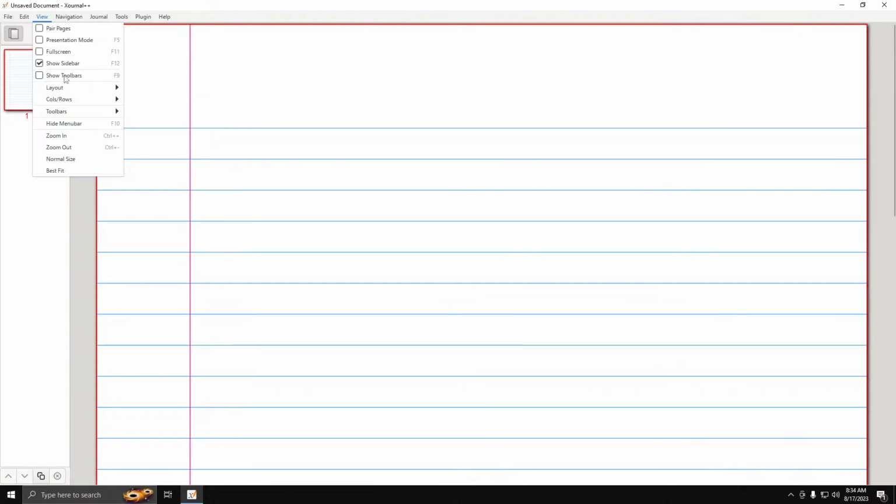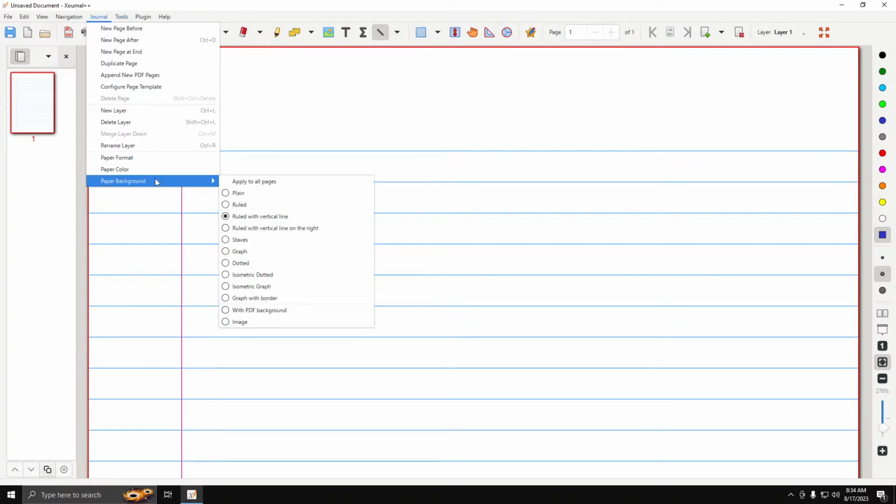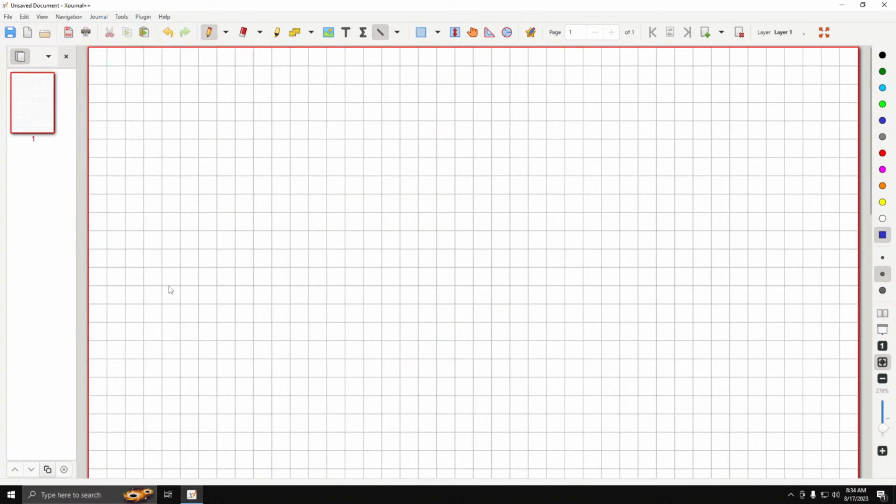Oh, I see. View, show toolbars. There we go. So let's go back. That's what I was doing. Is there a way to actually change the paper? Grid. There we go. Much better.